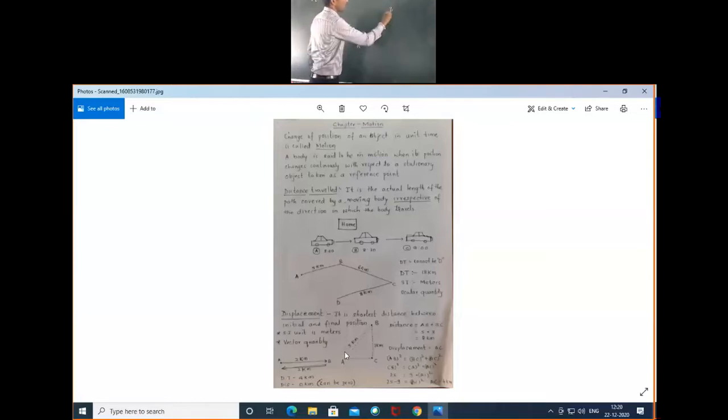From A to B, it has taken 5 kilometers. Understood? From B to C it has come 3 kilometers. So we have to now calculate the displacement between these two places.